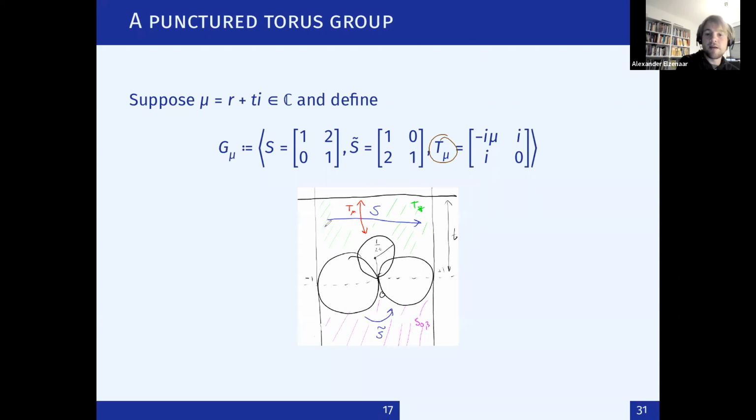I have this set here with 6 edges, and I claim, and you can check this easily by checking where the circles go, that T mu sends this line to this line. I don't actually remember which way T mu sends it. I think it sends this line to this line. It might be T mu inverse, but T mu and T mu inverse permute these.